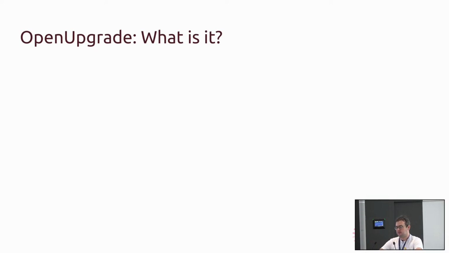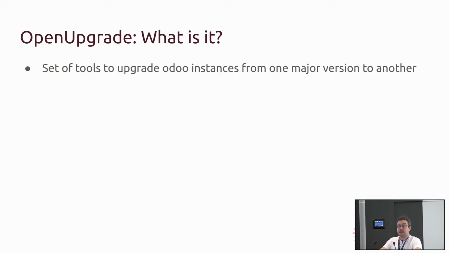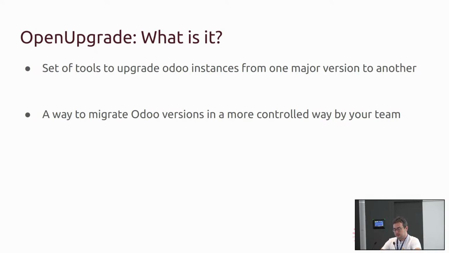That's the first question. If you check on GitHub, you will see that it's a set of tools to upgrade Odoo instances from one major version to another. What does it mean? It allows us to migrate in a more controlled way. Why? Because if we use Odoo's migration tools, we need to send the database to Odoo, and then they migrate it with some kind of magic.